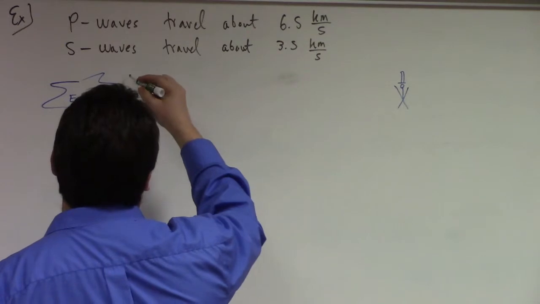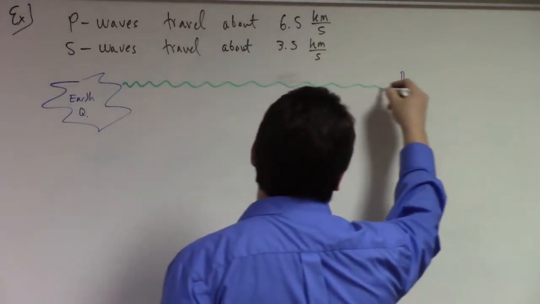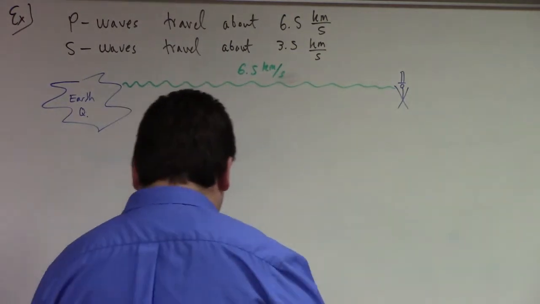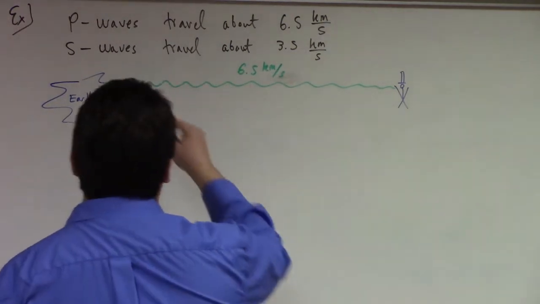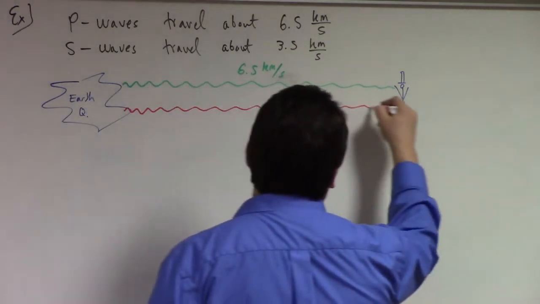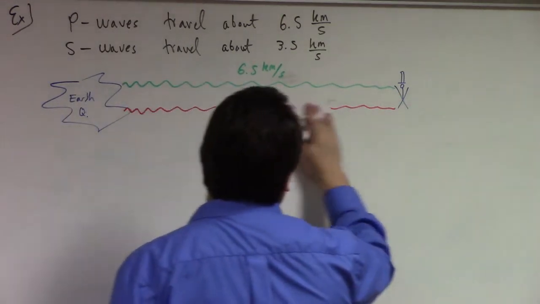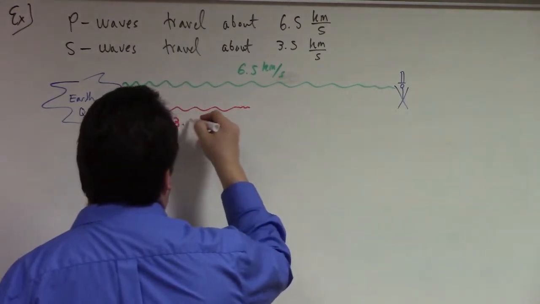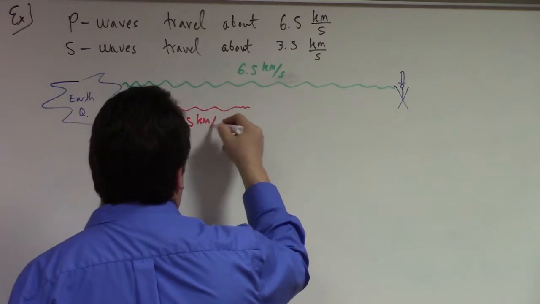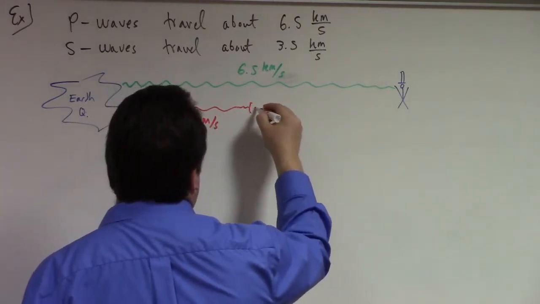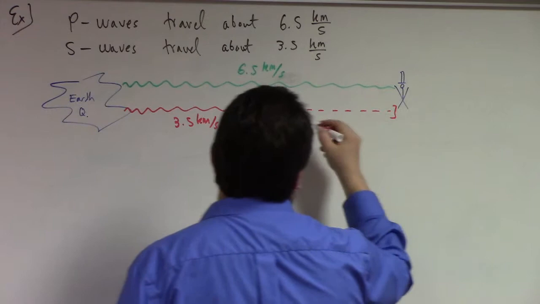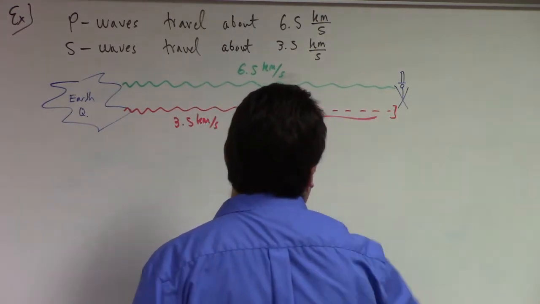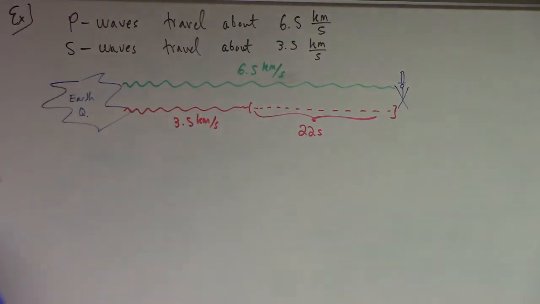The one is the P wave, 6.5 kilometers per second. The other one, the S wave. But actually that's not the case, right? If I'm drawing it at the same time, it's not as far, right? So then it takes this extra distance. This takes, what, 22 seconds to catch up with the other one. That's what we're told.